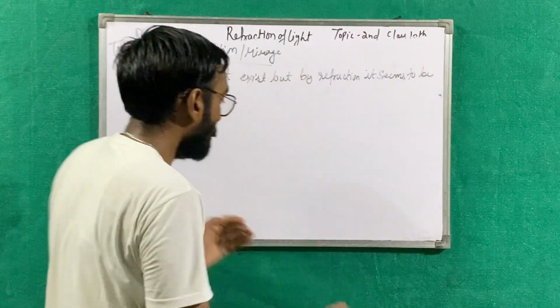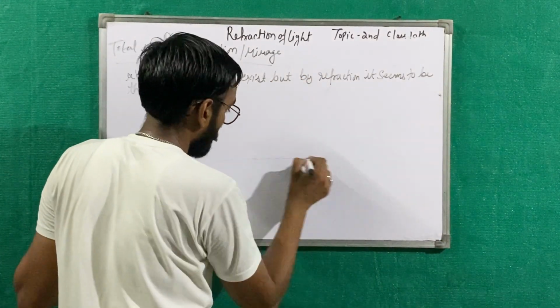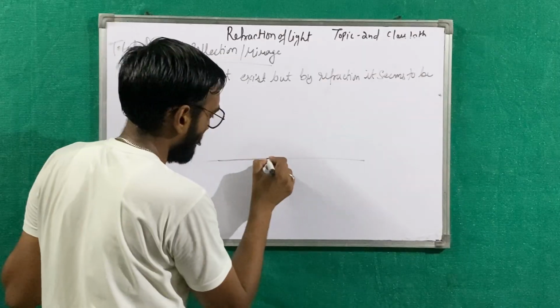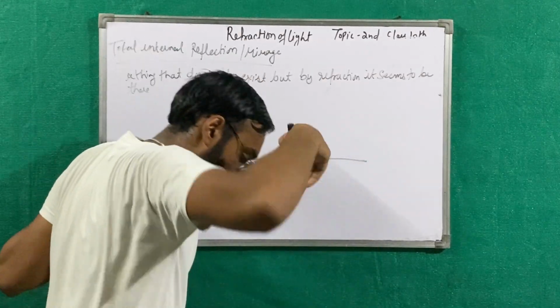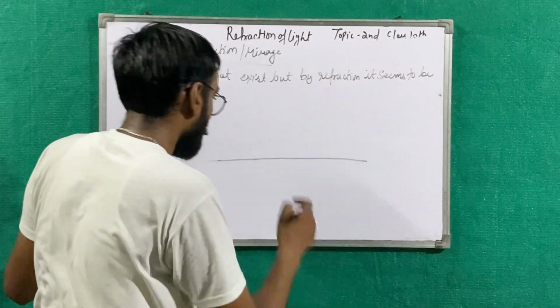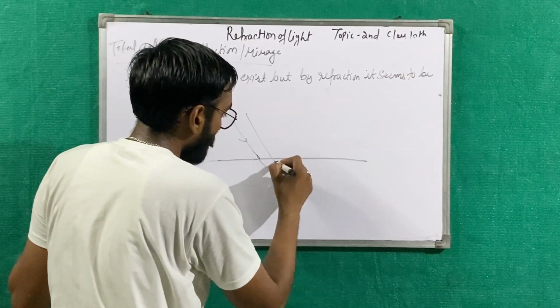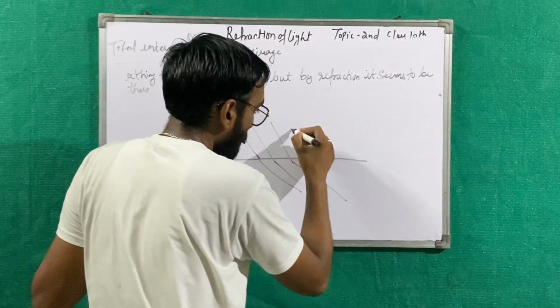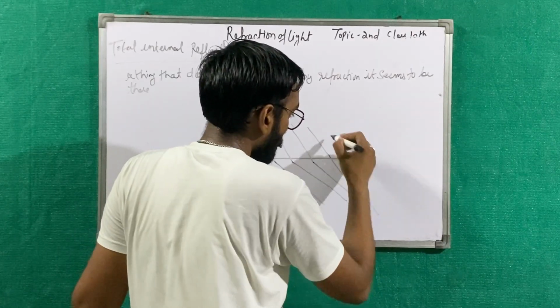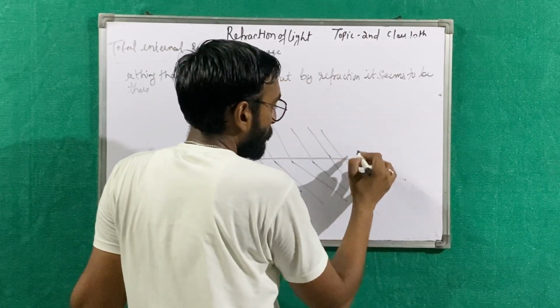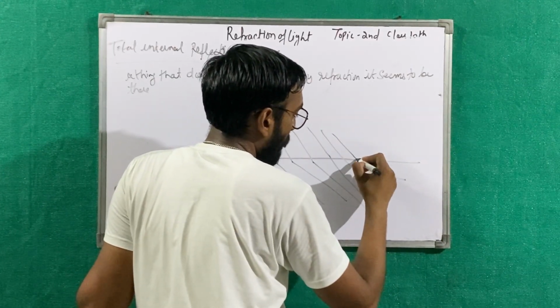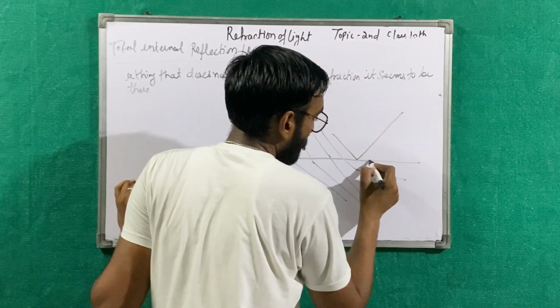A light is striking and refracting, refracting, striking, refracting. So this is going to happen at a spot. It will reflect back.